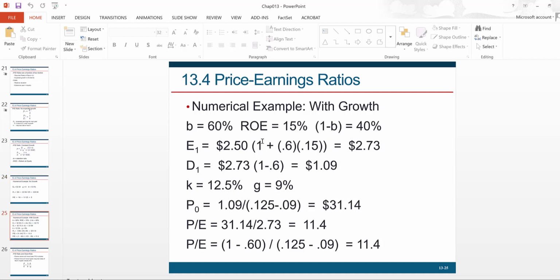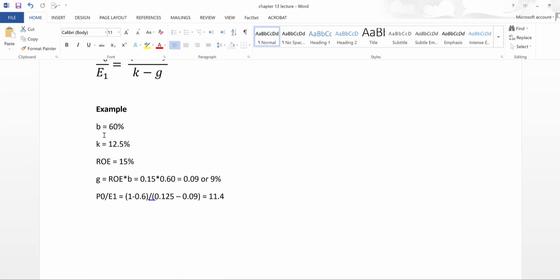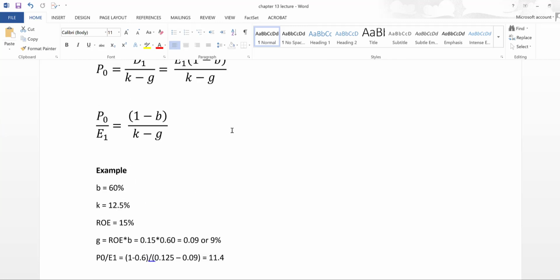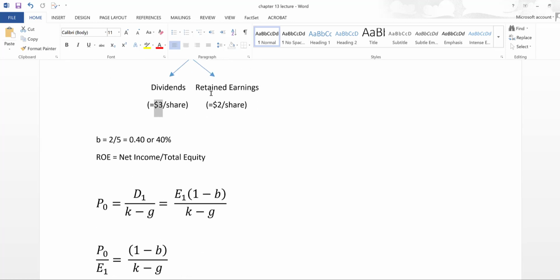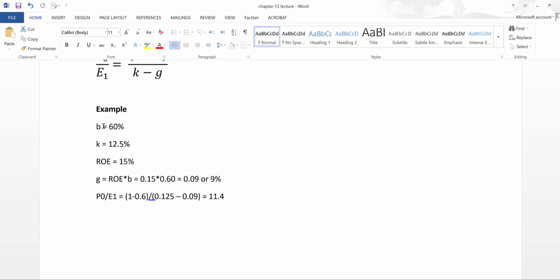Then I also have a constant growth example here, which you can see cleanly written down. In this example B is 60%. Up here, sorry, the B was 40%; in this case B is 60%, K is 12.5%, and ROE is given as 15%.